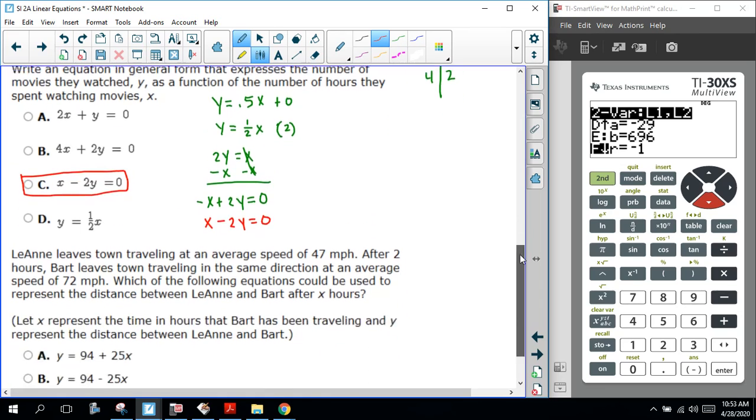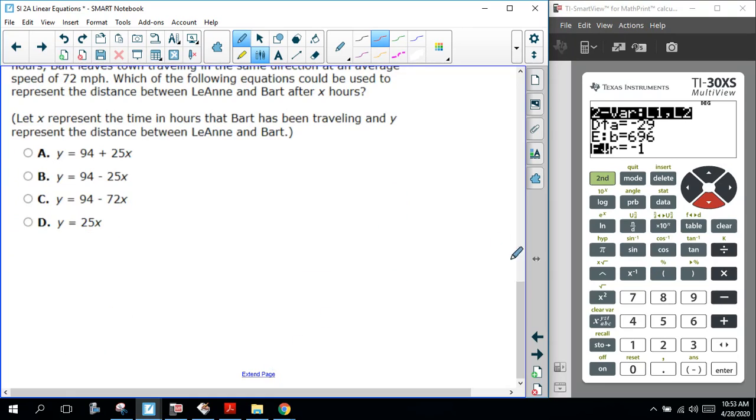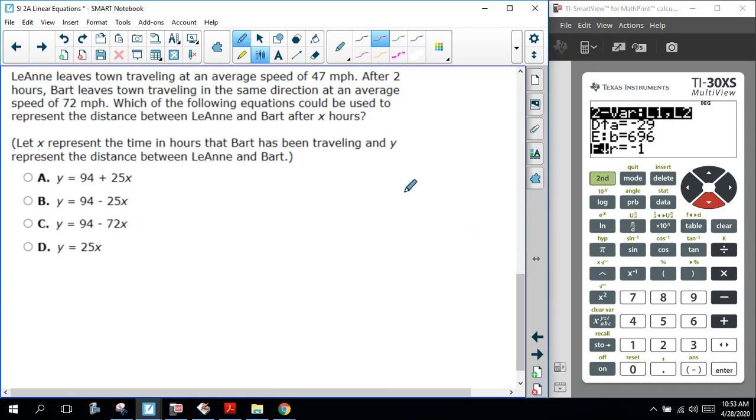All right, final question here. It says Leanne leaves town at an average speed of 47 miles per hour. After 2 hours, Bart leaves town, and Bart is going to be traveling in the same direction at an average speed of 72 miles per hour.